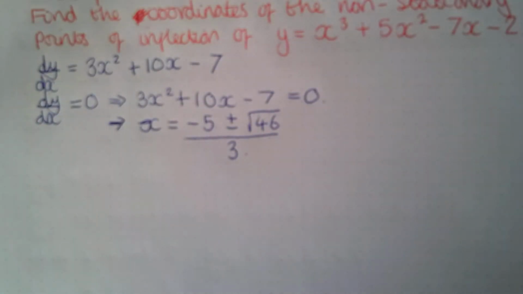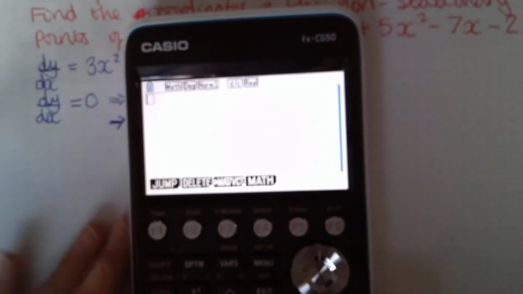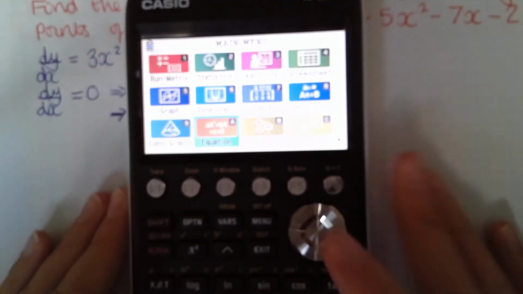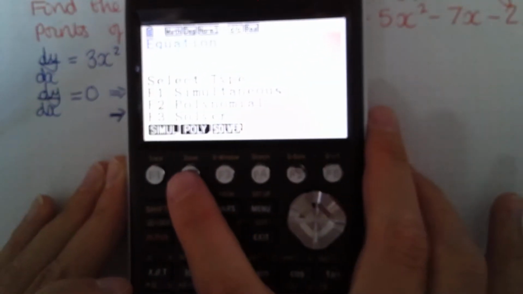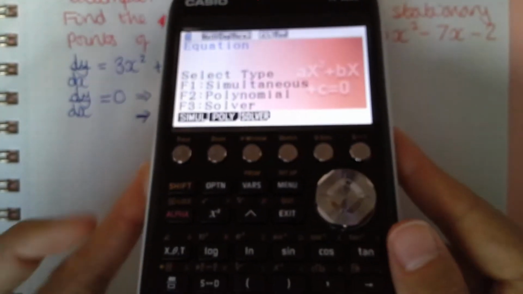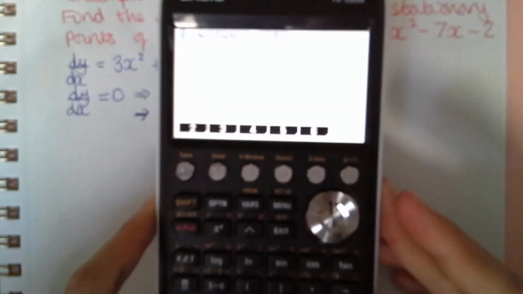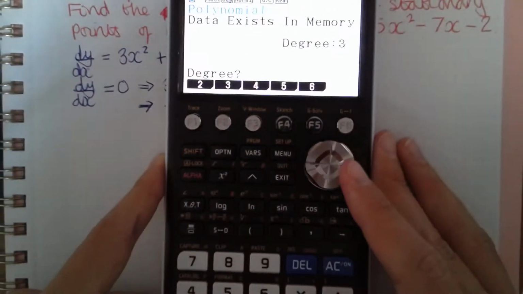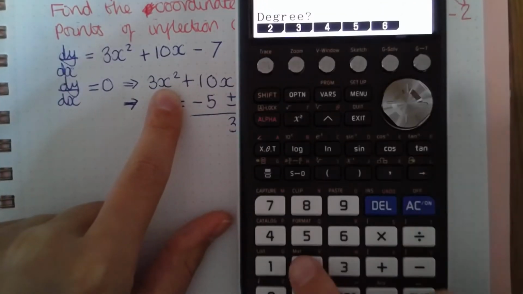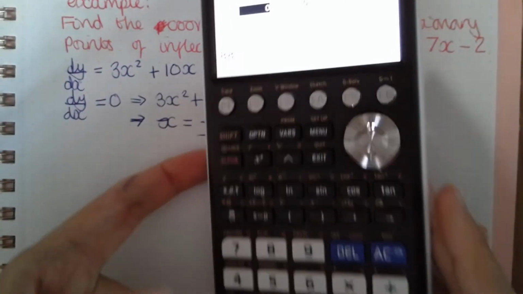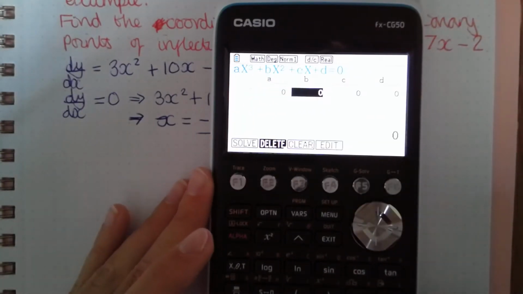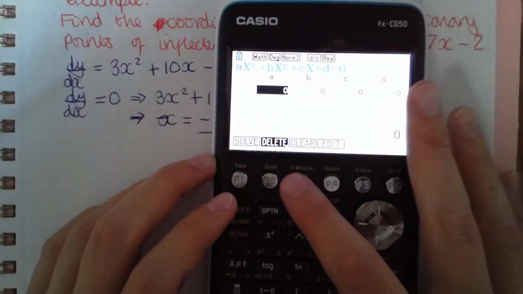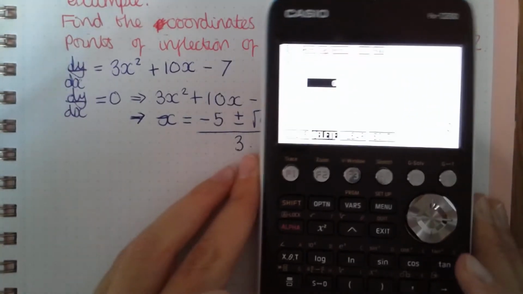Okay, if you've got the graphical calculator, menu, equation, execute, F2 for polynomial, and then our degree is 2, so you type in 2 and then execute, and then it says how many x squareds?